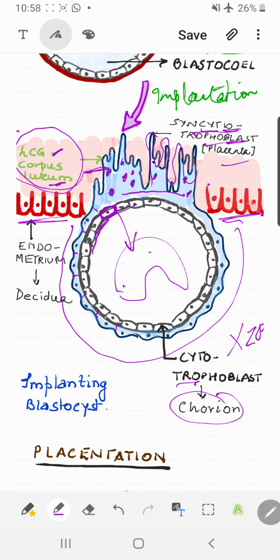And all this implantation procedure is completed by the second week. One week is taken for the blastocyst to come to the uterus, and by the second week all these implantation steps are completed. Right, children? So just go through the explanation once again, see the videos as many times as needed, but you have to make this clear. Right?